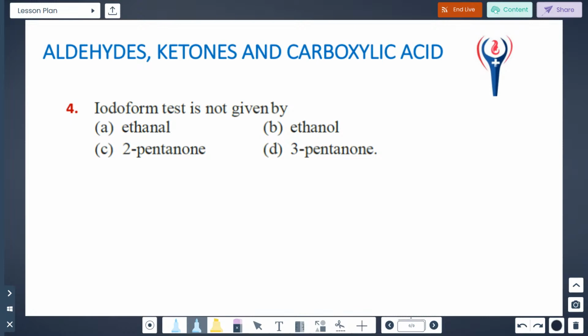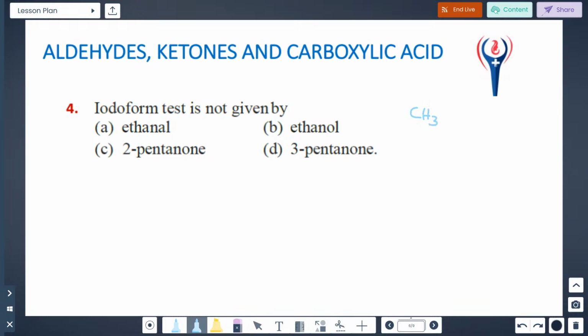Iodoform test is not given by. So which one does not undergo the iodoform test? That's the question. Any compound that undergoes iodoform, the compound should have what? What is the condition for that? What group should be there?